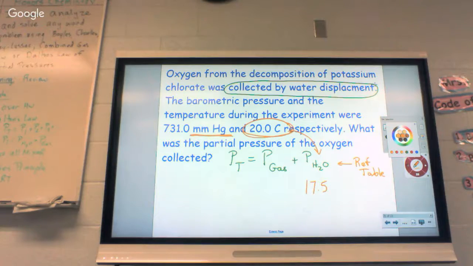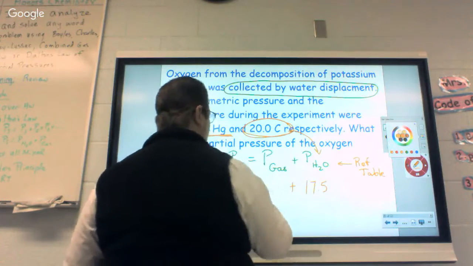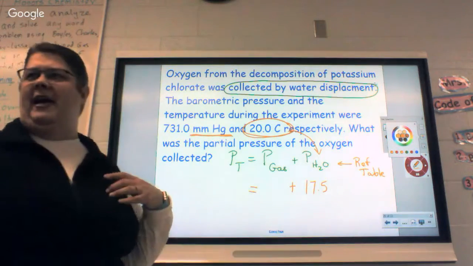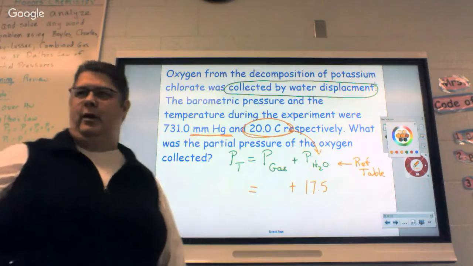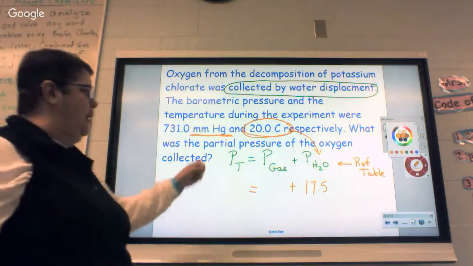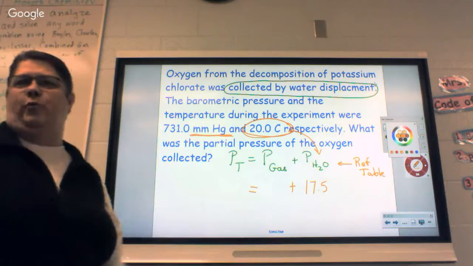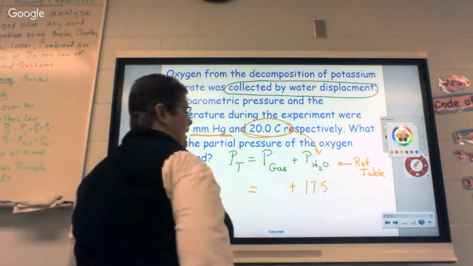Okay. Now, that means these two numbers come from the word problem. One we're going to find, one's going to be given. Now, when you read the question, what was the partial pressure of oxygen? What are they asking us to find? Which one is the partial pressure, P total or P gas?